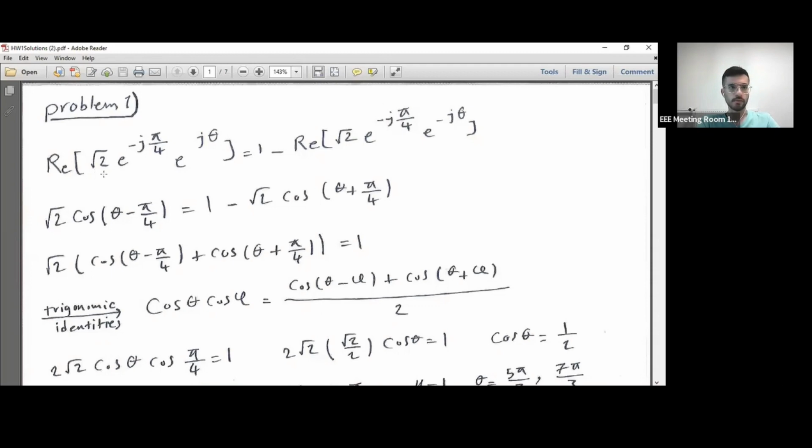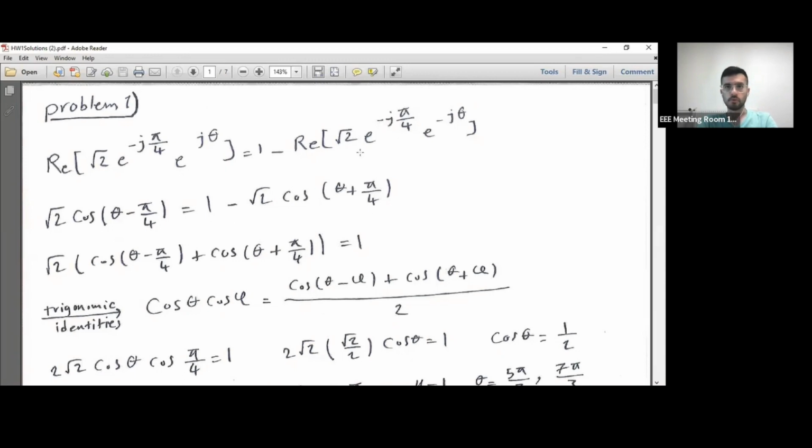This square root of 2 comes out of this real part, and we will have square root of 2 times cosine of theta minus pi over 4, which equals 1 minus square root of 2 times cosine of theta plus pi over 4.